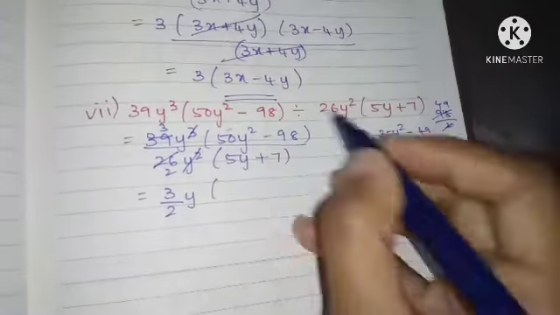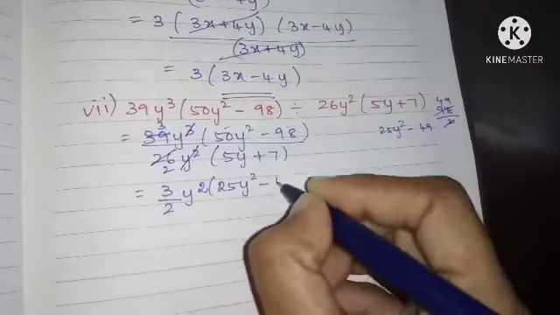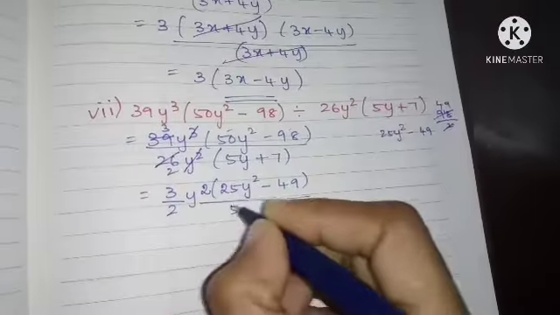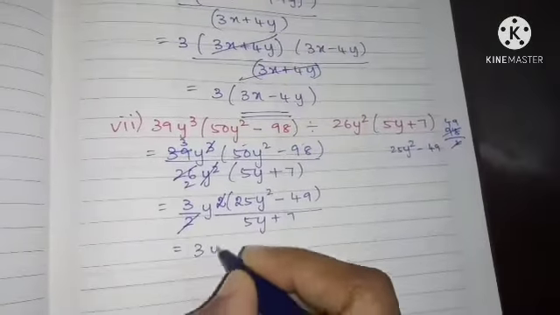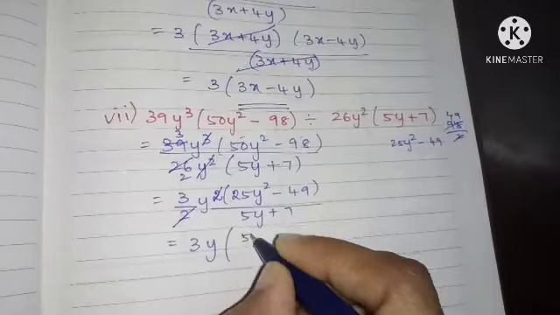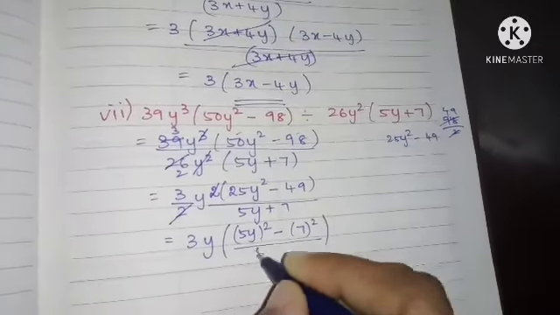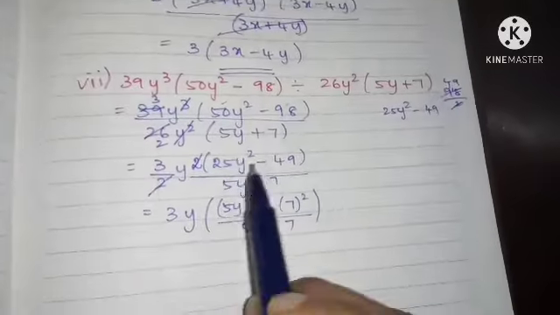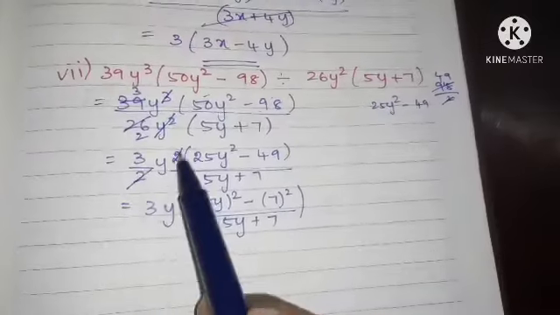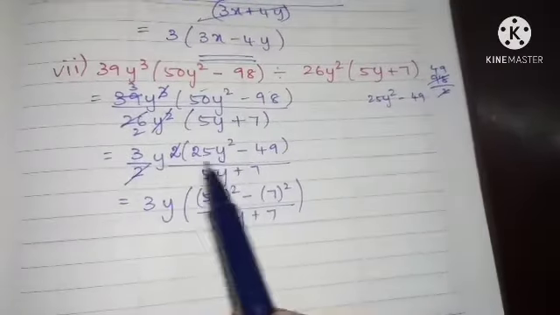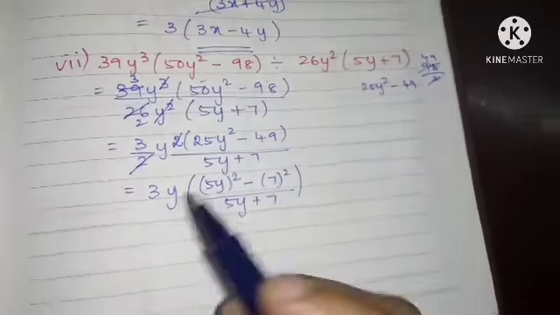So if I take 2 outside, 25y square minus 49 divided by 5y plus 7. So this 2 cancels. So 3y into 25y square, I am going to write as 5y the whole square minus 7 square, divided by 5y plus 7.